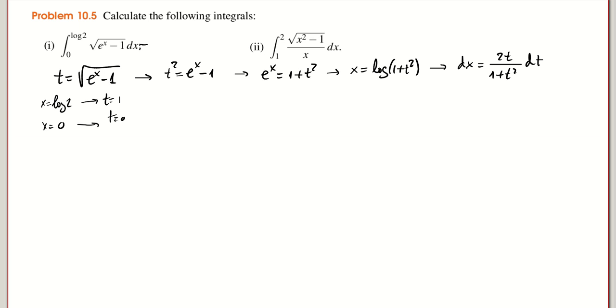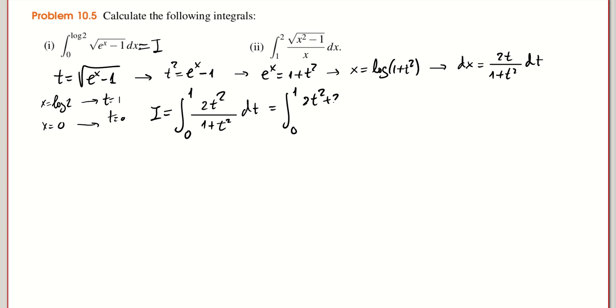So this integral here gets converted into the integral from 0 to 1, right, these limits. Then 2t times t, 2t squared, over 1 plus t squared dt. And we are going to add 2 and subtract 2 in the numerator, like this, right?